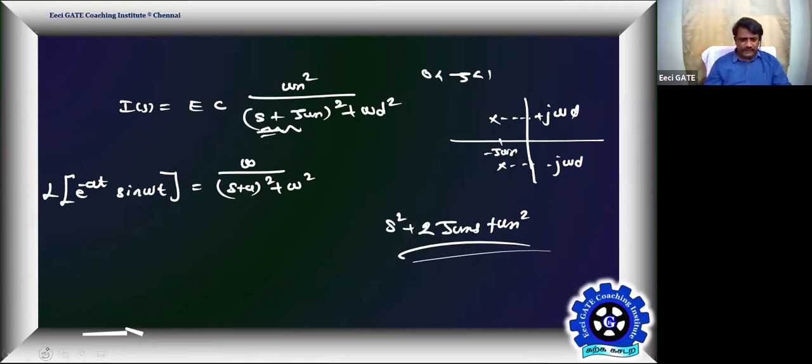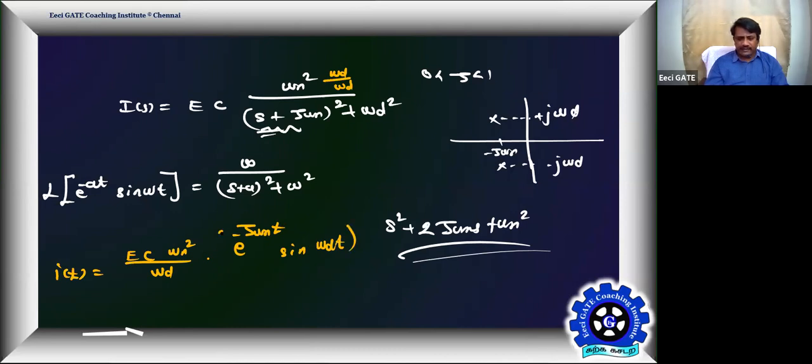So multiply the numerator by ωd and divide by ωd. Small adjustment. Then i(t) equals EC ωn² divided by ωd, and applying the inverse Laplace gives e^(-ζωn t) sin(ωd t).